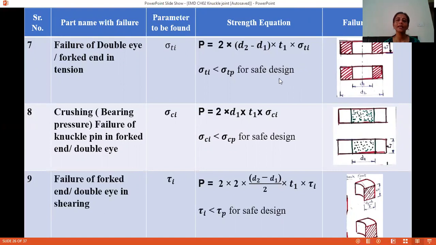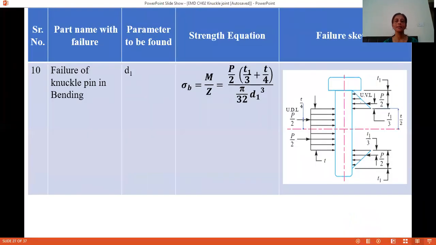So T will be replaced by 2 times T1 for tensile failure, crushing failure and shear failure. And with all these steps, we will find out the induced tensile stress, induced crushing stress and induced shear stress. And for safe design of double eye, it should be less than permissible.